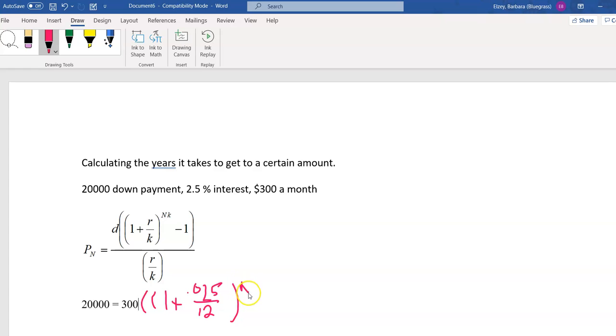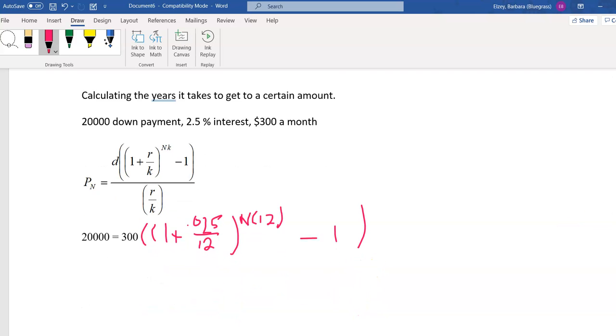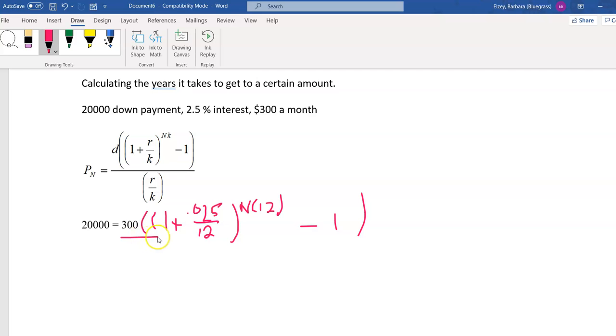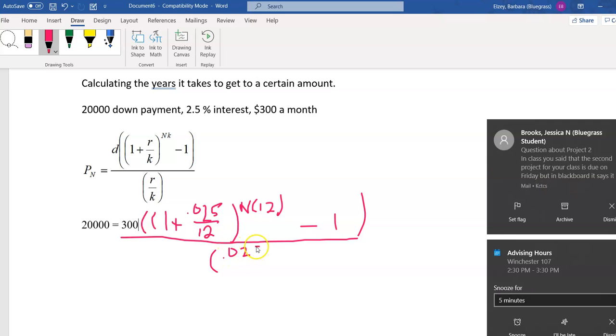We've not solved for N. N is our unknown here. And K is again 12. Minus 1. And then on the bottom, I still have 0.025 divided by 12.